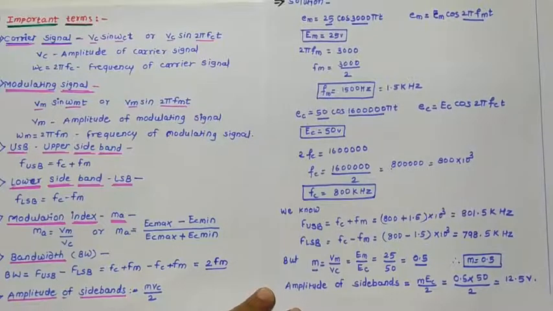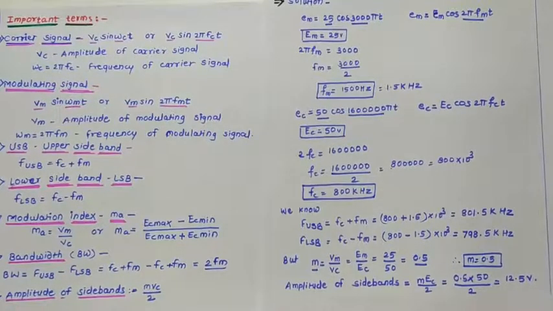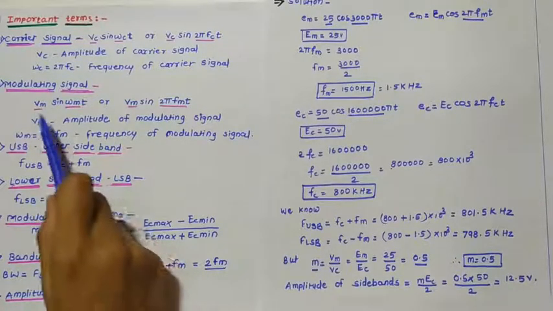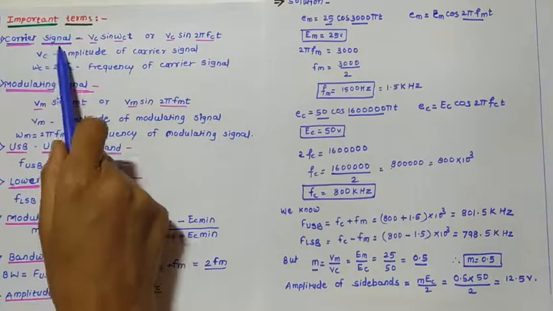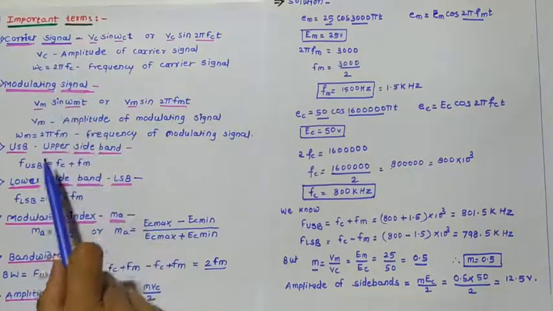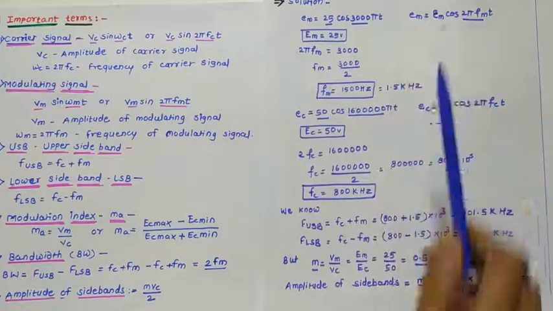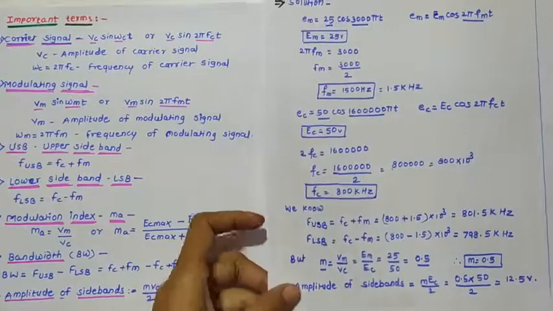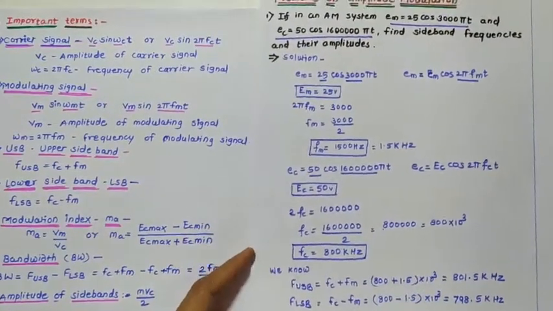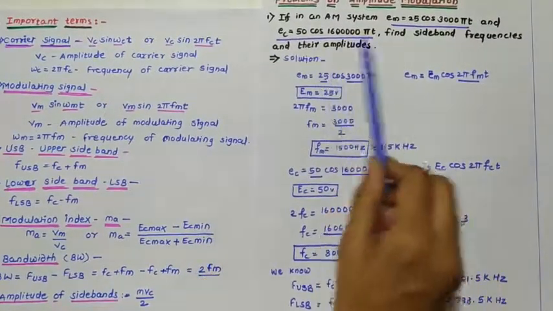Okay, so students, in this way you can find out the different terms with the help of these formulas: carrier signal, modulating signal, USB, LSB, modulation index, bandwidth, amplitude of sidebands. Okay students, first you have to read the problem carefully.